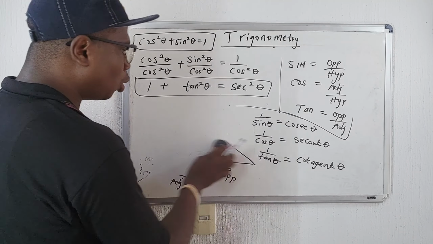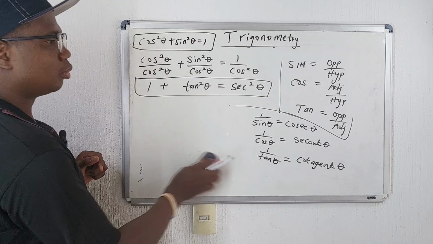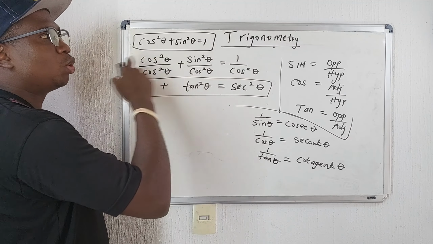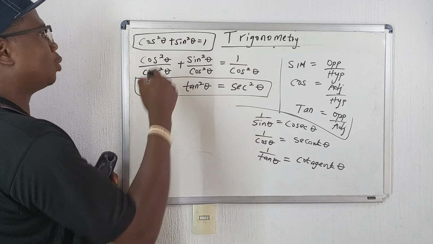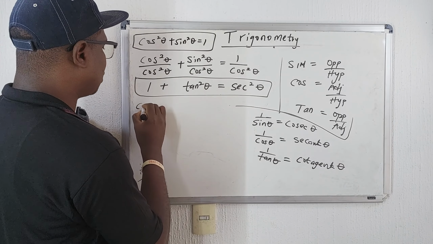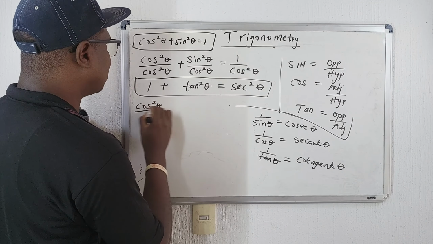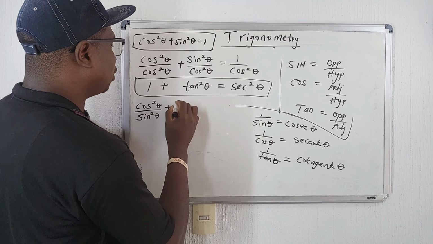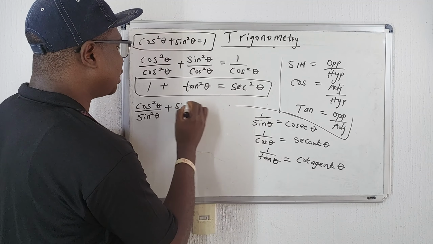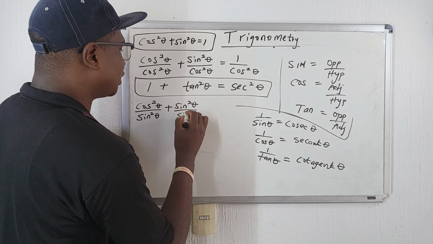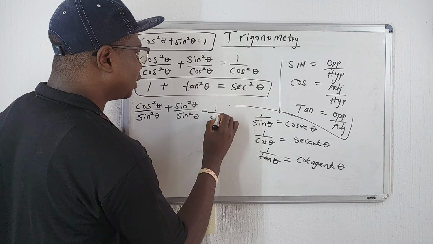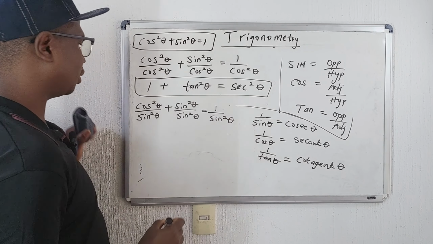Now, for the third one, we divide both sides, divide throughout by what? Sine squared theta. From this one, we have cos squared theta over sine squared theta plus sine squared theta over sine squared theta equal to 1 over sine squared theta.